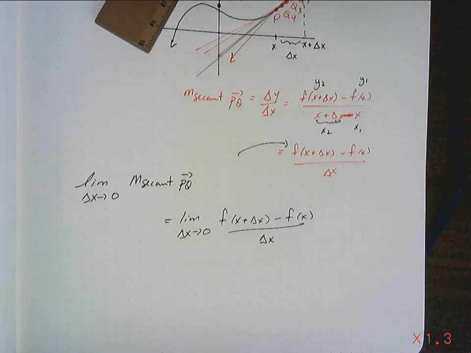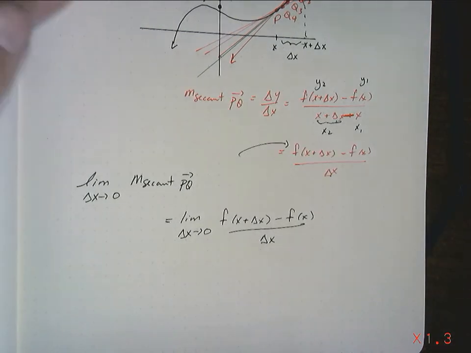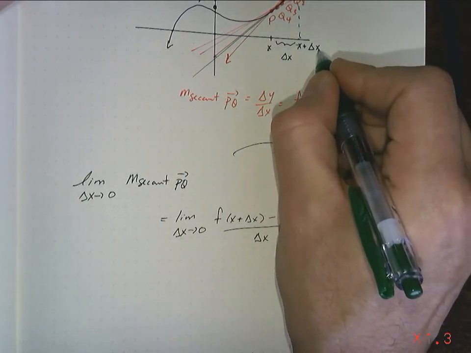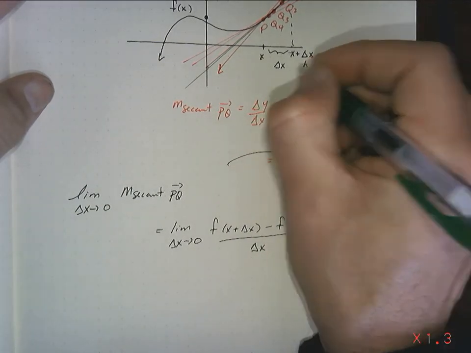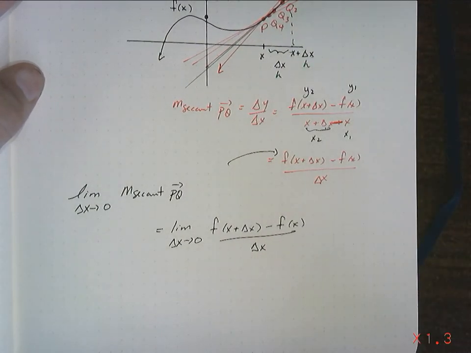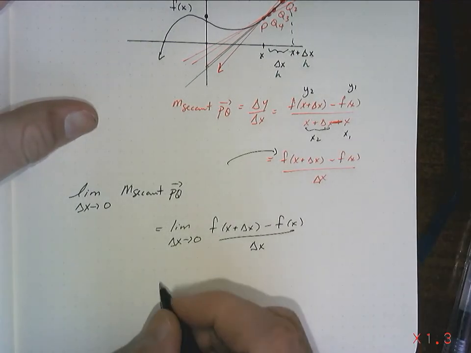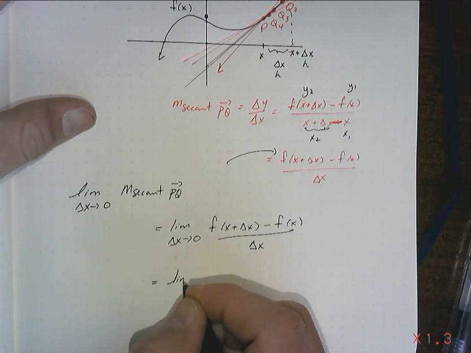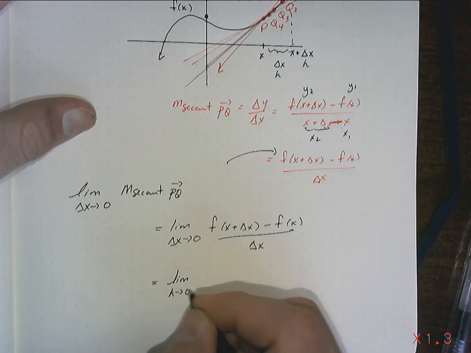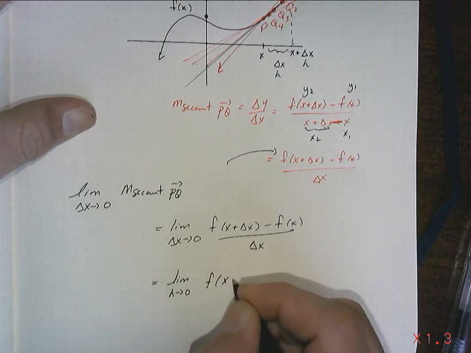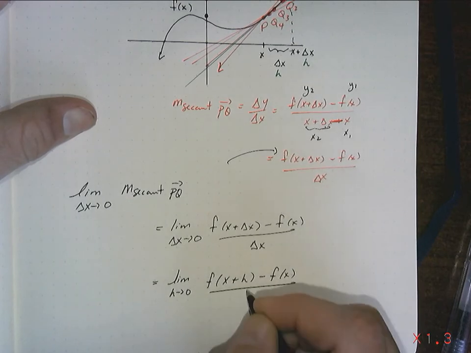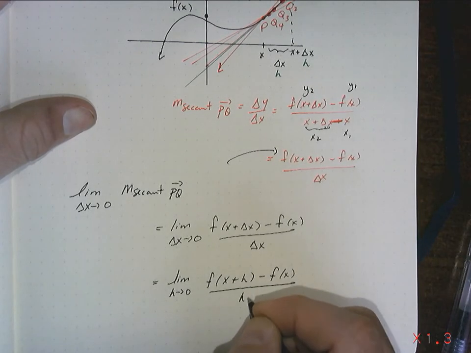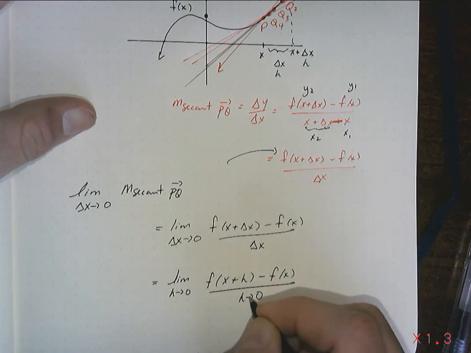Now, in certain textbooks, they're going to use delta x to represent this distance, and in certain textbooks, they're going to use h as a different variable. There's no difference. So if you see this, oh, shoot.